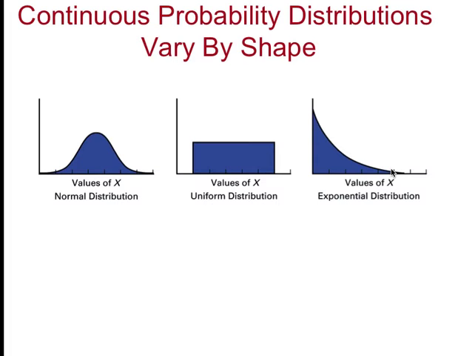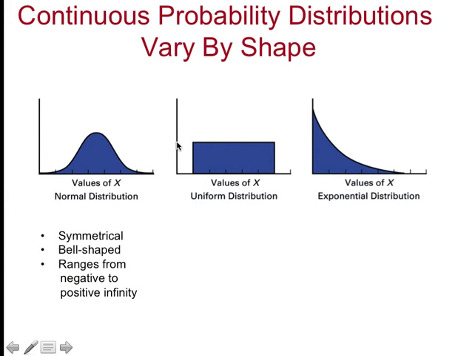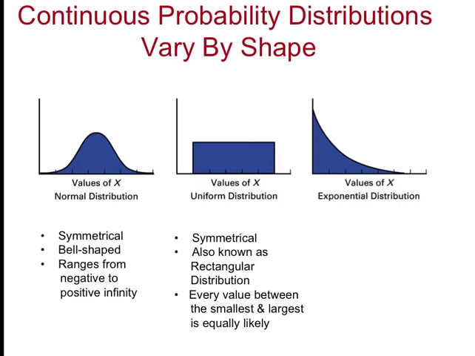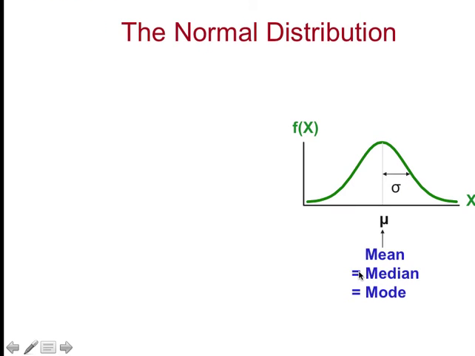Generally, continuous probability distributions vary by shape of the area under a curve, as shown in the figures here. Some of the distributions, such as the normal distribution and the uniform distribution, have symmetrical shape, while others, such as an exponential distribution, do not.